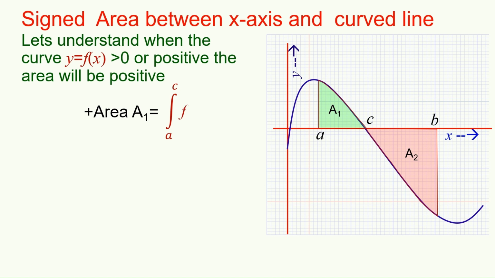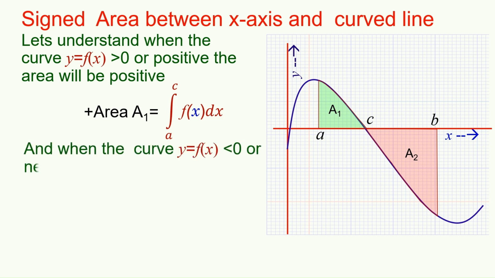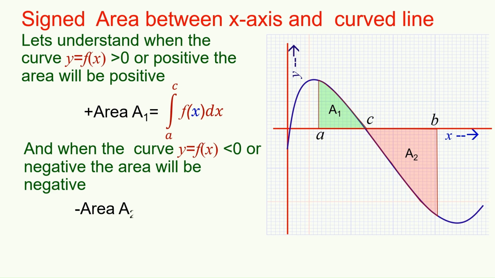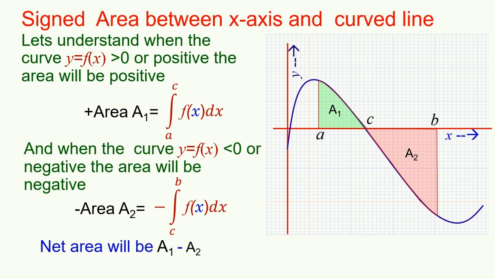Area 1 equals the definite integral of f(x) with respect to x from lower limit a to upper limit c. And when the curve y equals f(x) is less than 0, or negative, the area will be negative. Minus area 2 equals minus the definite integral of f(x) with respect to x from lower limit c to upper limit b. Therefore, the net area will be A1 minus A2.